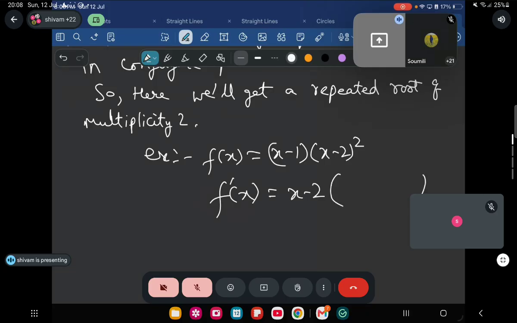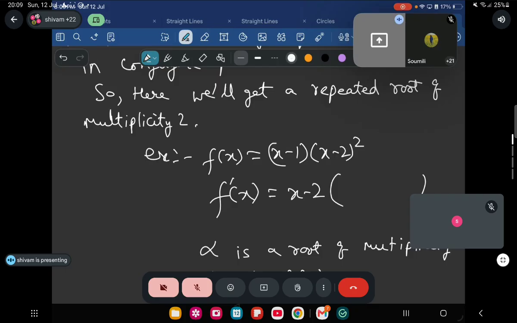Do you remember, in AOD I discussed that if x minus alpha is a root of multiplicity k in f of x, then what is the multiplicity in the rth derivative?